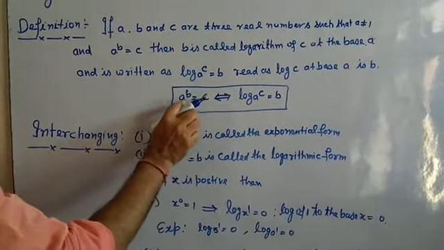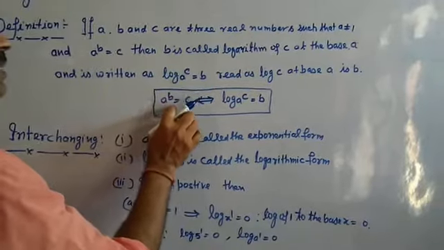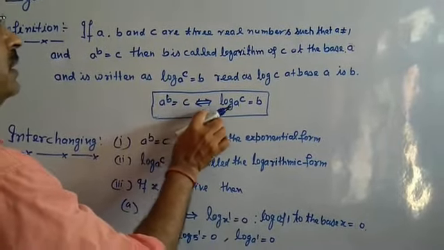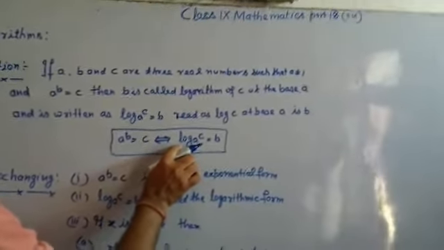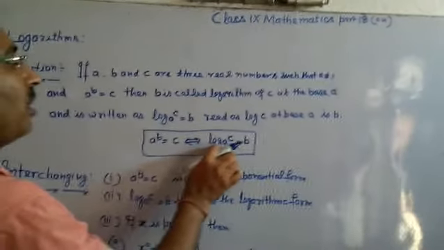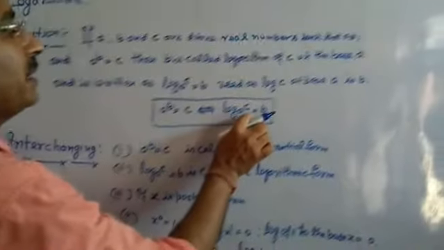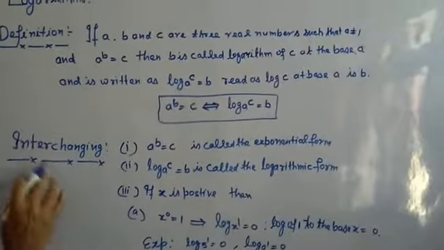Therefore, if a power b equals c, it may be changed into logarithm form: log c at base a equals b.